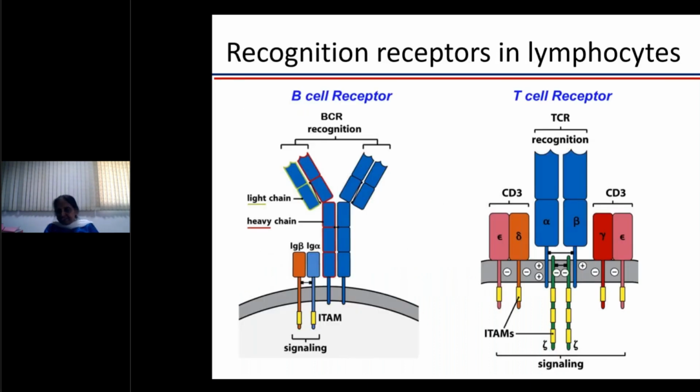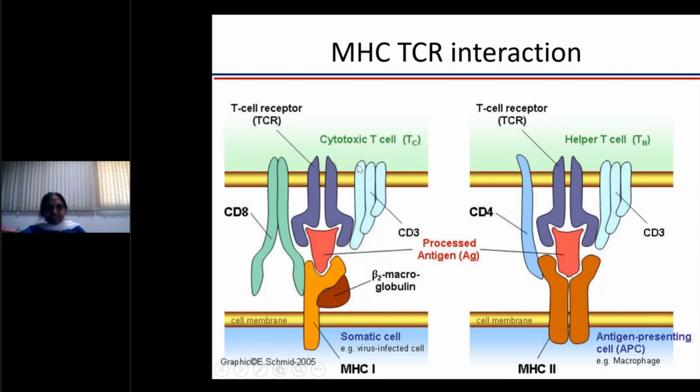So let's see why that difference is there. The difference is because the receptor on the B cell is actually an immunoglobulin molecule present on the cell surface, while for the T cell, it is the T cell receptor. If you look at the structure of the T cell receptor, it has two chains, alpha and beta.